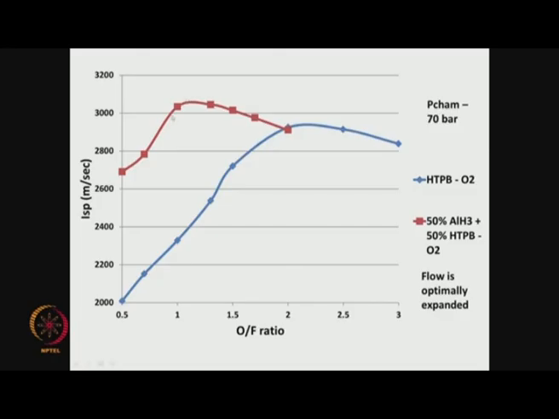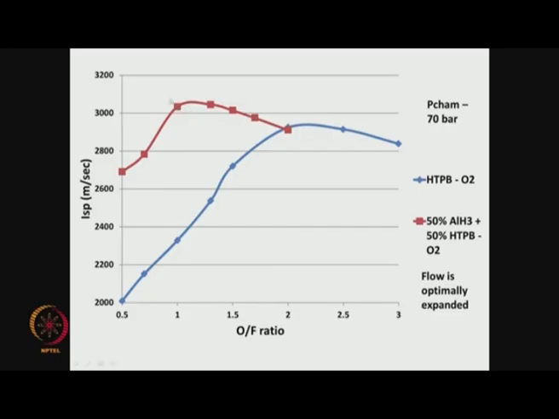The red line is for aluminum hydride and HTPB combination, and the blue line is for HTPB and oxygen system. Now, if you see here, the peak specific impulse is achieved with aluminum hydride propellants at around 1, whereas it needs to go to somewhere around 2.2 for HTPB and O2.